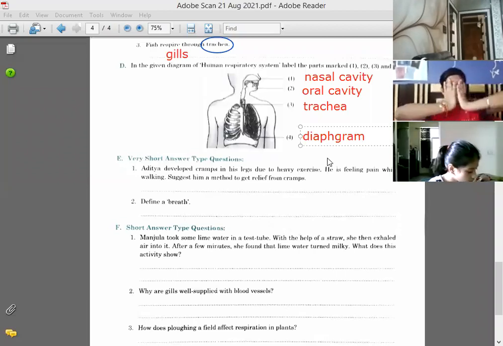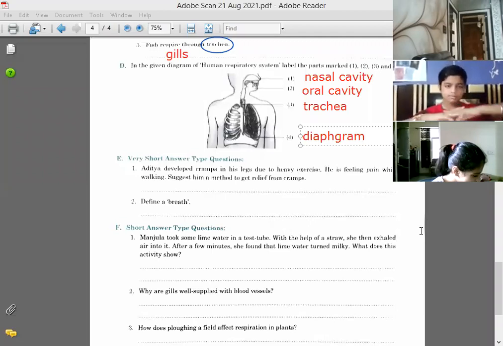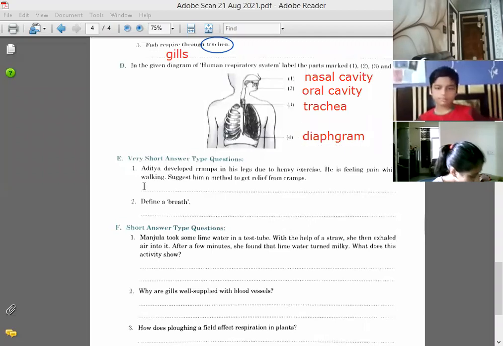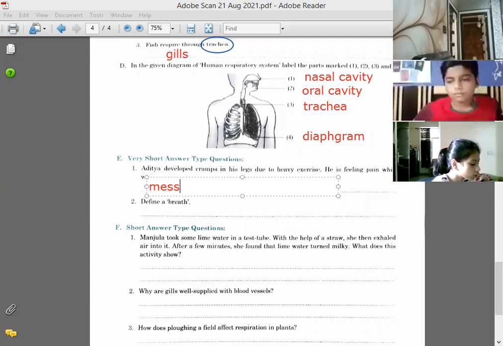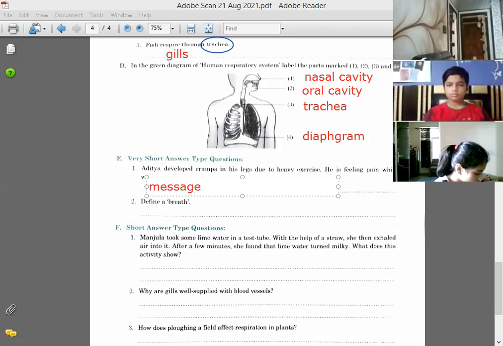Cramps are due to anaerobic respiration in muscles, which forms lactic acid in the muscles, and this causes pain.